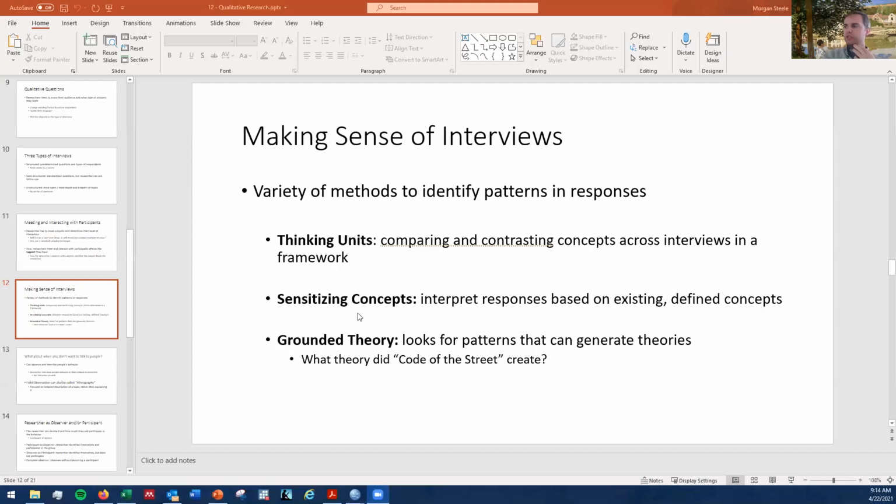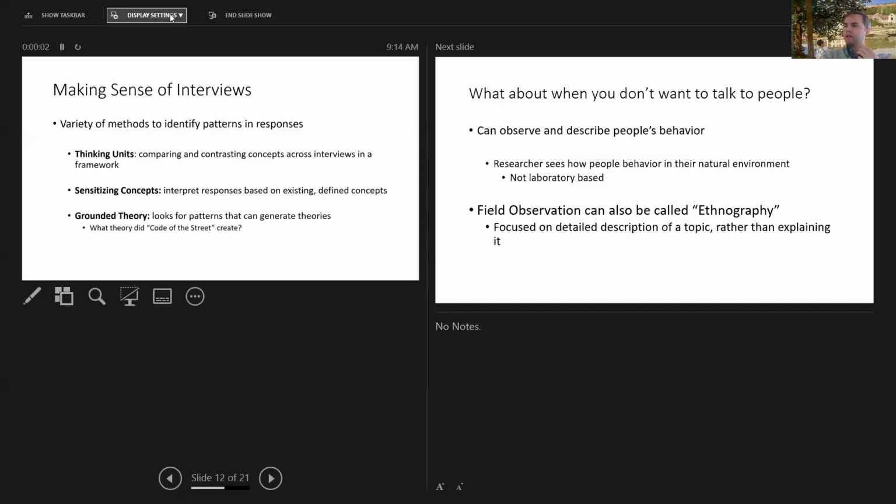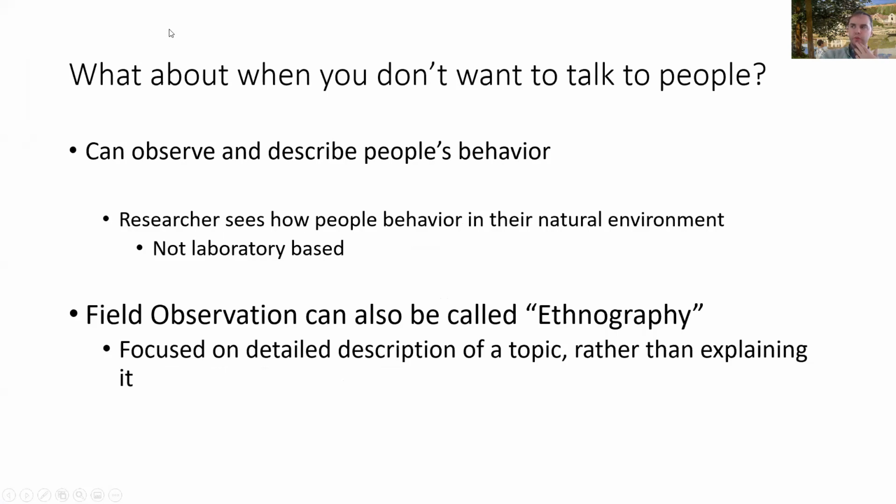Okay, so when we are looking at qualitative research in general, there are, again, multiple different options that we could look at. And when we don't want to talk to people, we can still observe and describe how people behave.